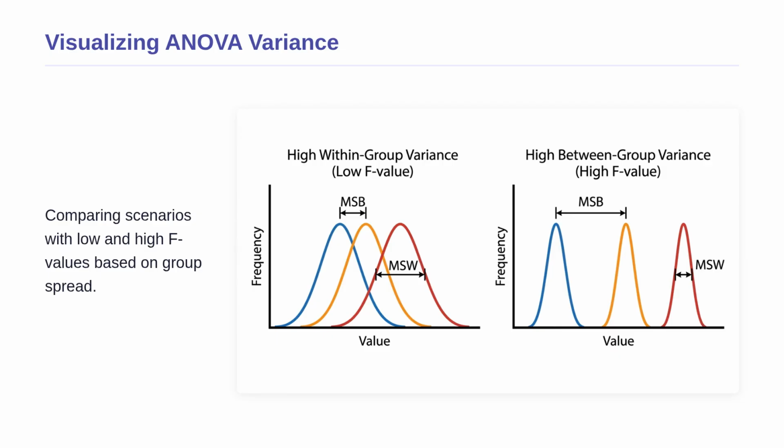The distance between their peaks, MSB, is small compared to their individual spread, MSW, resulting in a low F value. On the right, we have high between-group variance. The curves are narrow and distinct. The distance between the peaks is much larger than the spread of any single curve. This strong signal cuts through the noise, resulting in a high F value, which tells us the groups are genuinely different.